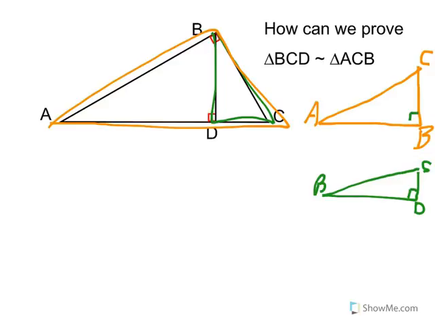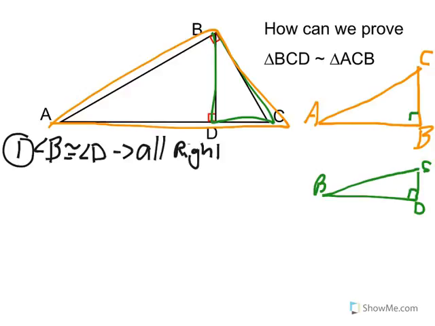Alright, so let's see what we know. We know that angle B and angle D are both right angles. So angle B has to be congruent to angle D because all right angles are congruent. And then looking back at our picture, both of those triangles, when they're facing how they are in the picture, overlap and share angle C. So that's something else that I know.